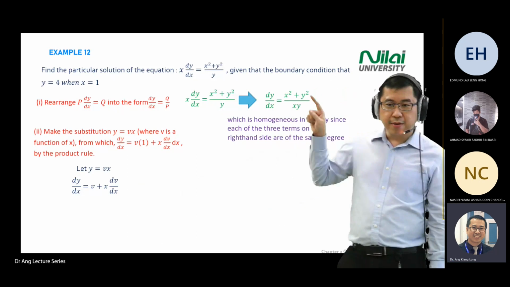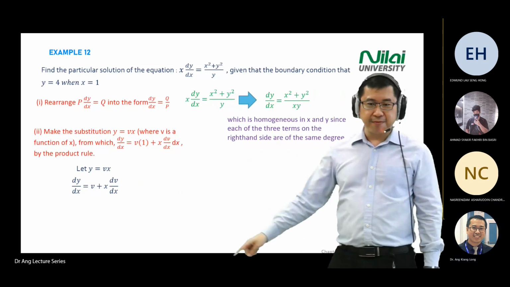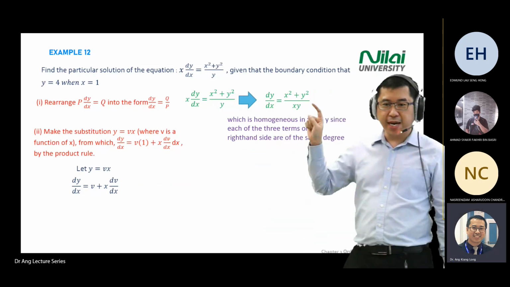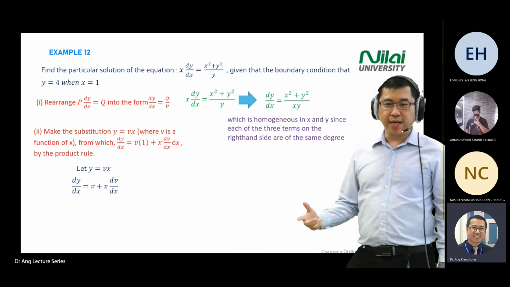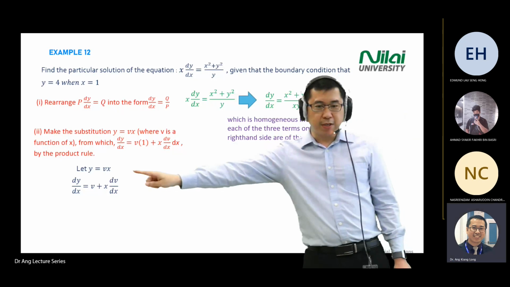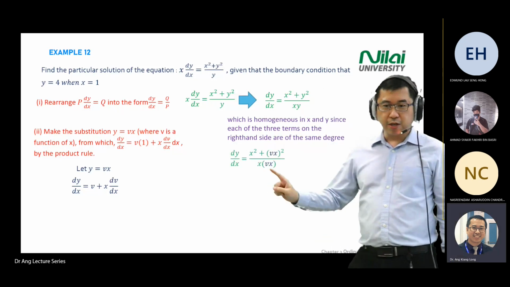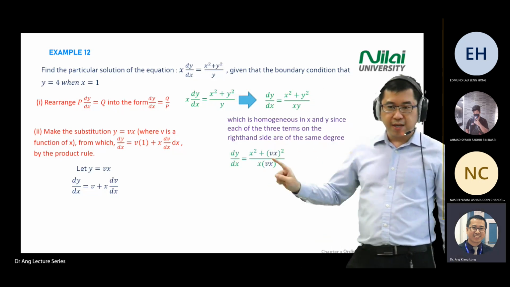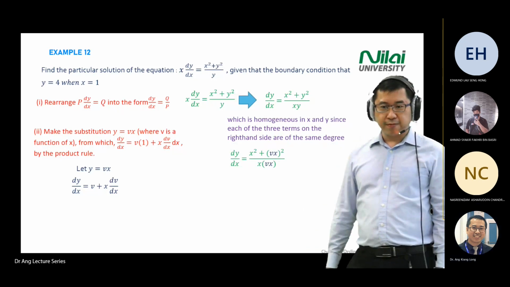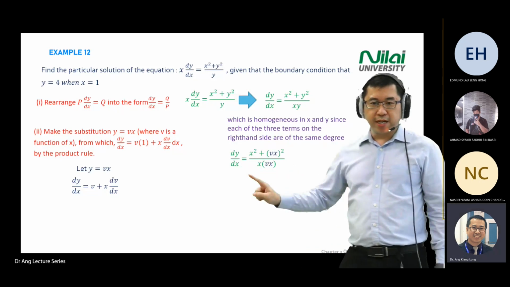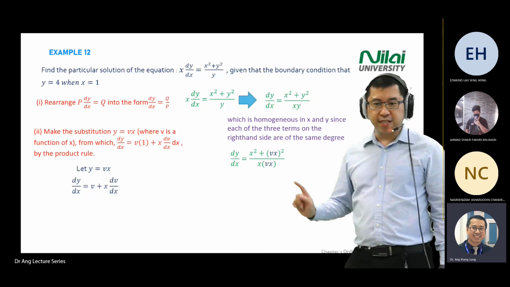Okay, next step, eliminate your y in the equation. How do you eliminate? Substitute, no? Substitute y equals vx inside here. After you substitute, then you rearrange. After you rearrange, you get only v inside.